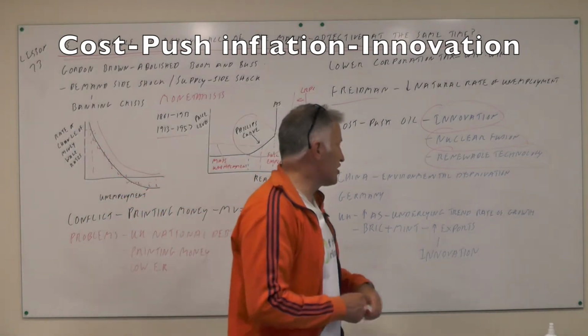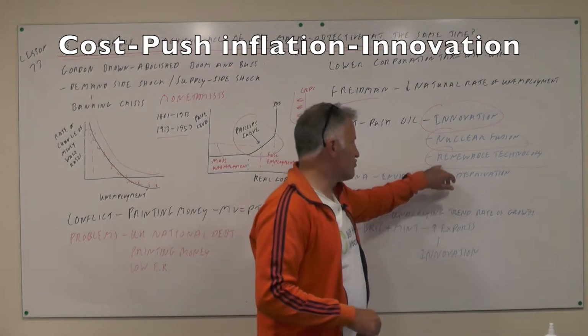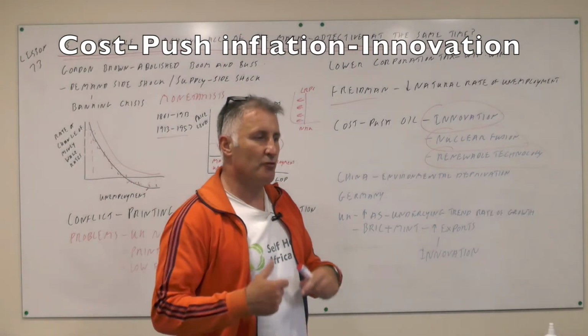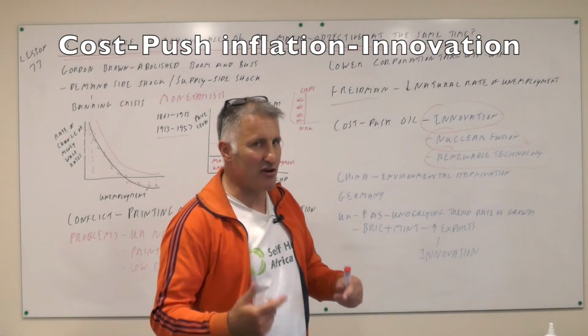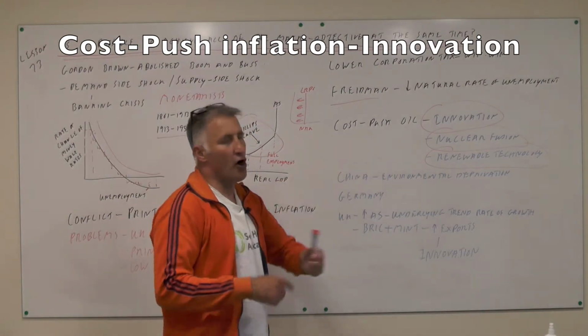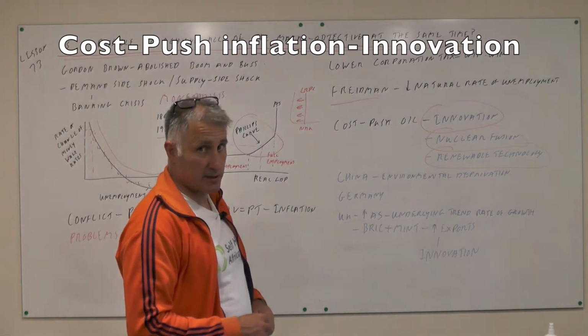It may actually, certainly if we have nuclear fusion, drop dramatically. And even if we use renewable technology, by very definition, the more we use it, it doesn't necessarily go up in price. So we can get over these problems, but only if we innovate and only if we spend lots of money on research and development.